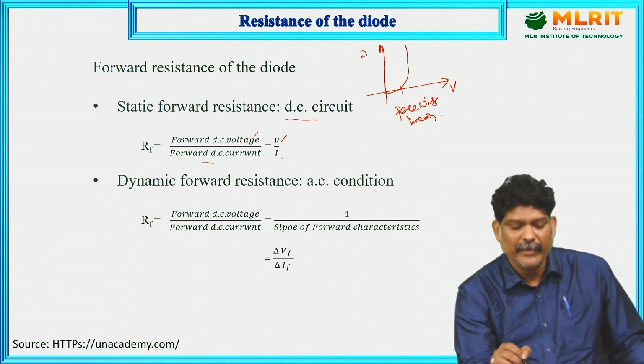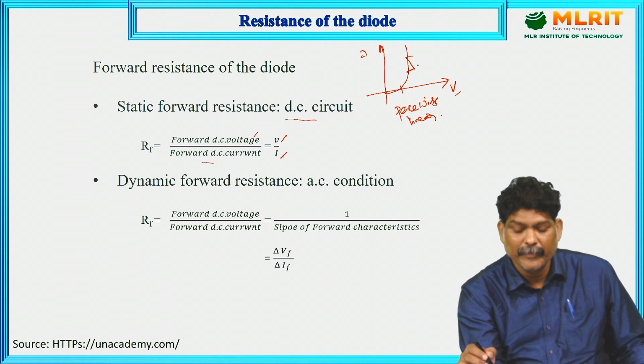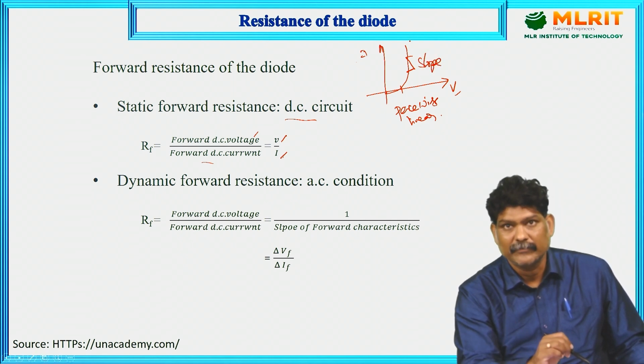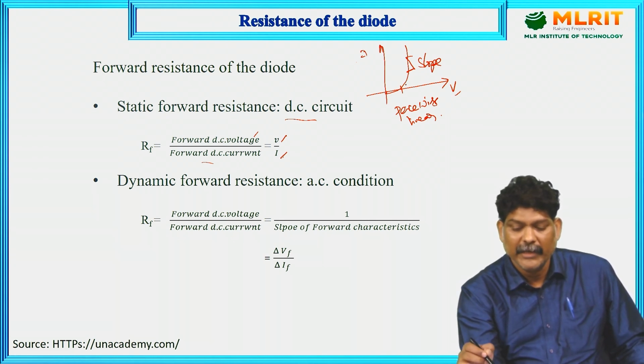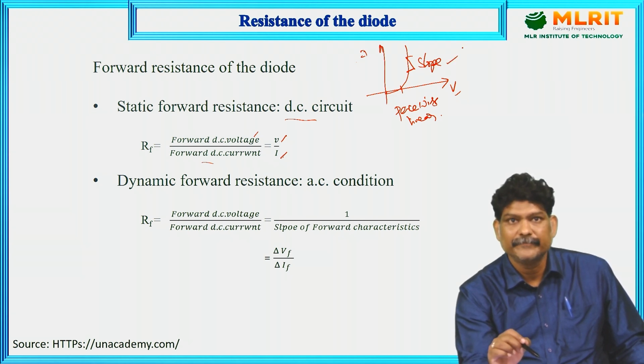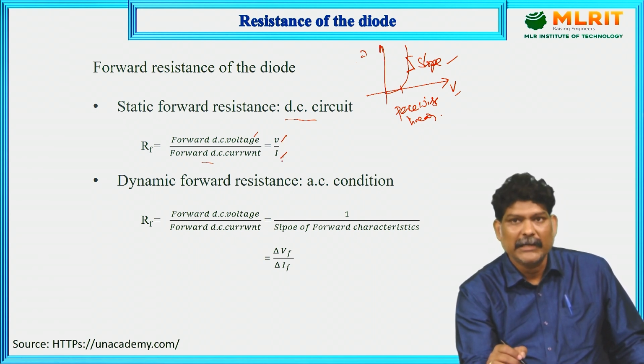So, that is V by I. Simply, directly we can write V by I. So, the slope of this curve will be linear, that is slope is same throughout the curve. So, wherever you consider any point throughout the curve, the slope will be linear. Okay. So, therefore, the resistance RF is given by voltage upon current directly.